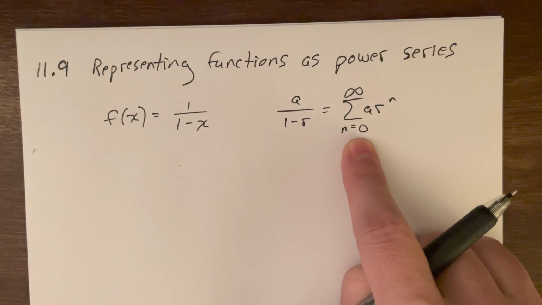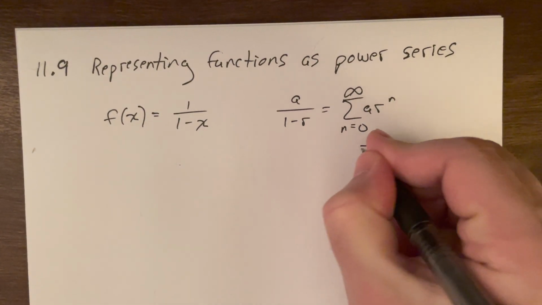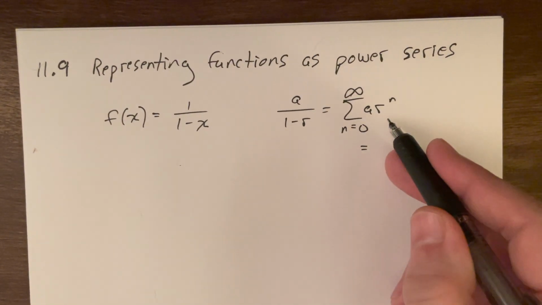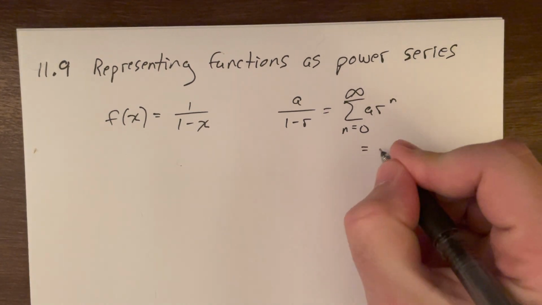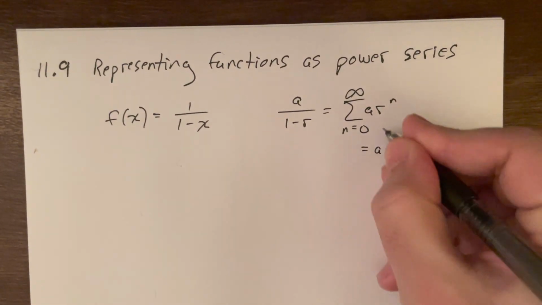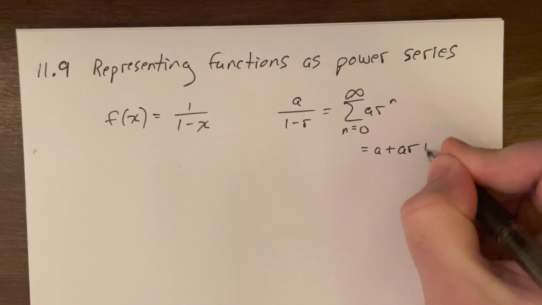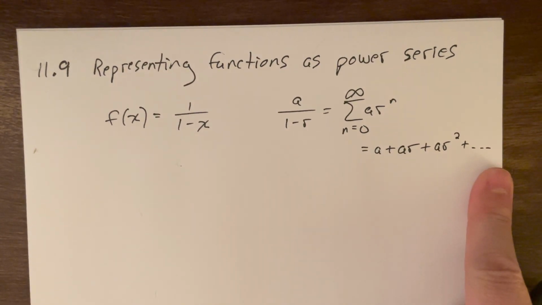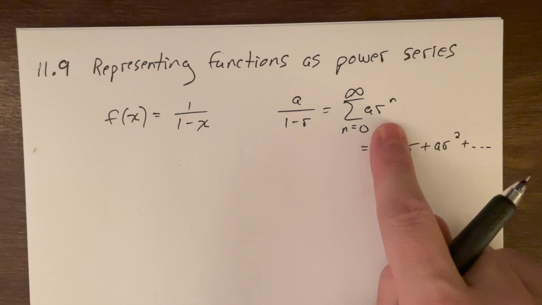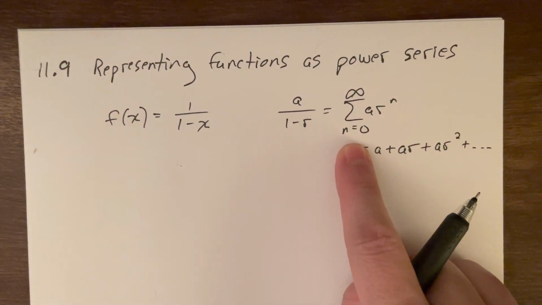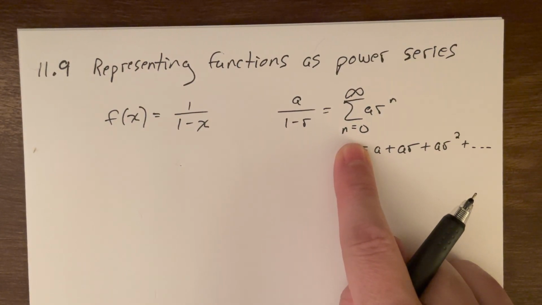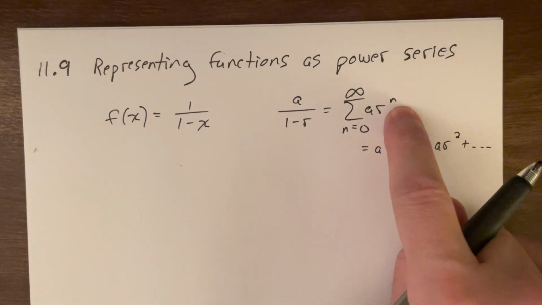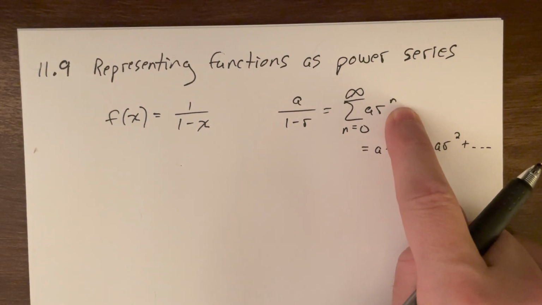Now with n equals 0, notice with that starting point, it still works out the same way. If n is 0, you get a r to the 0, which is a. When n is 1, you get a r to the first power. n is 2, you get a r squared, and so on. So even though we have that slight change that our counting variable starts at 0 instead of 1, that makes that little change here. The exponent is n instead of n minus 1.